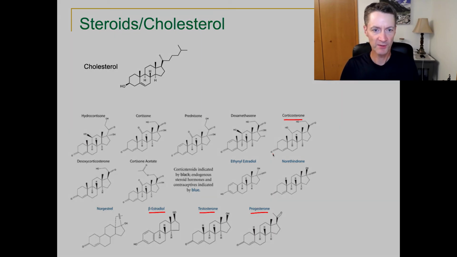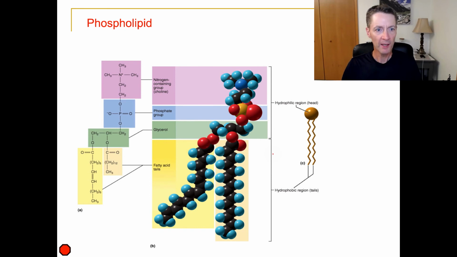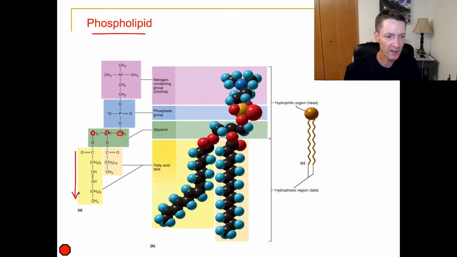Last thing about lipids that I'll mention, here we have a phospholipid. Okay, so let's look down here. Here we have carbon, carbon, carbon. Glycerol right there, right? We have our backbone. And then we have this long chain of fatty acids, and we have another long chain of fatty acids.